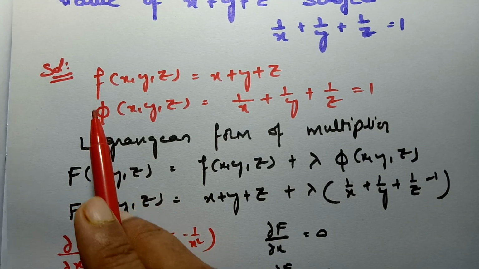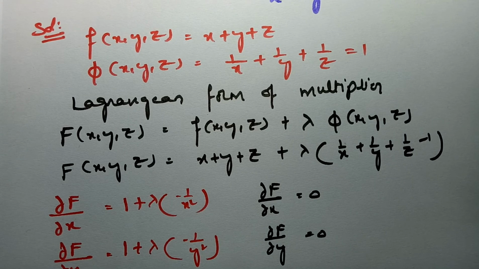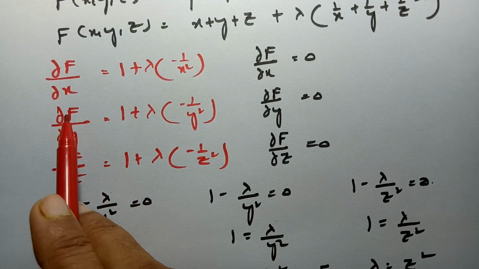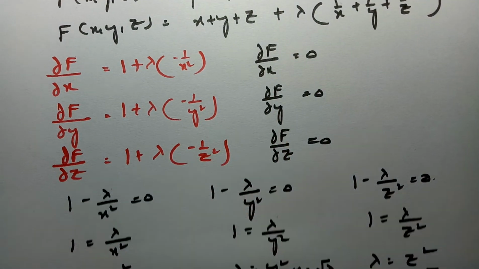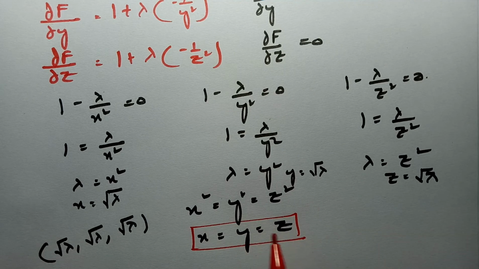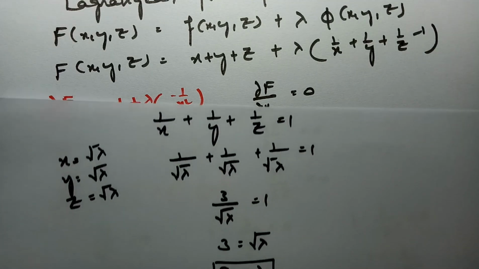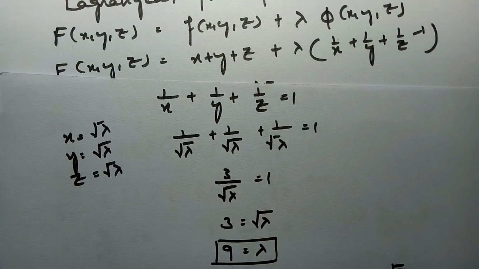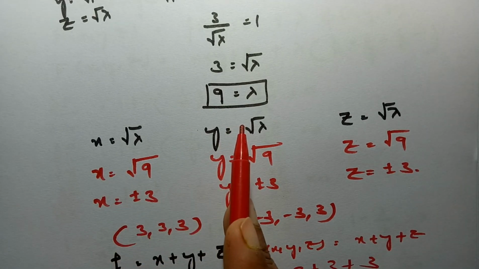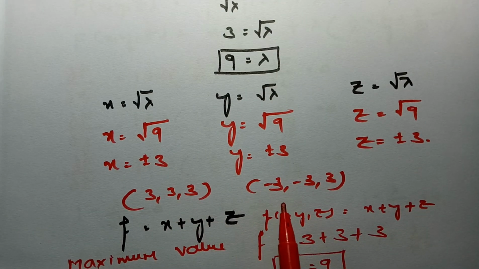The function we have to take as small f and the condition we have to take as phi. Using Lagrange's form of the multiplier, this is the form. If we substitute it and differentiate with respect to x and equate it to 0, we get these equations and the condition x is equal to y is equal to z, and we got the value of x, y, z as root lambda. After substituting in this condition we got the lambda value, and after putting this lambda value in the x values, we got the x values as plus or minus 3.